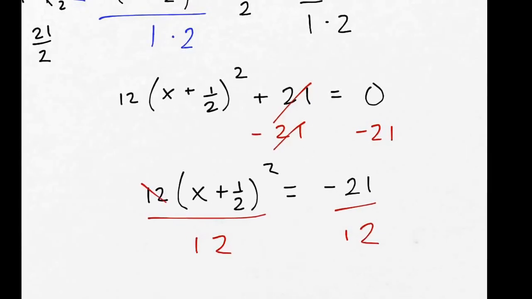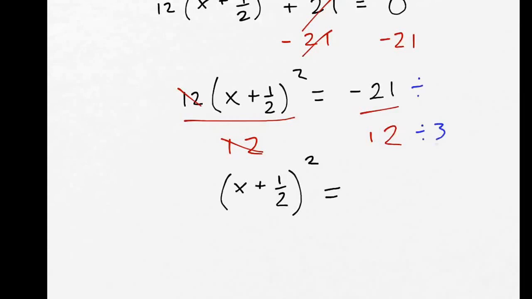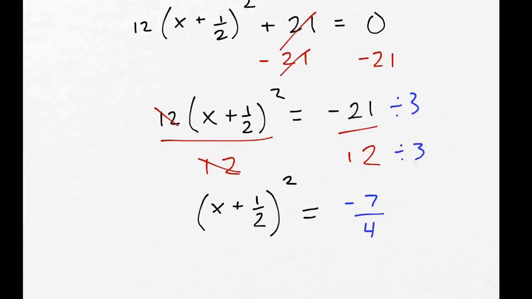So that it goes away. We have x plus 1/2 squared equals, I can reduce this, huh? I will reduce by 3. This will give me negative 7 over 4.